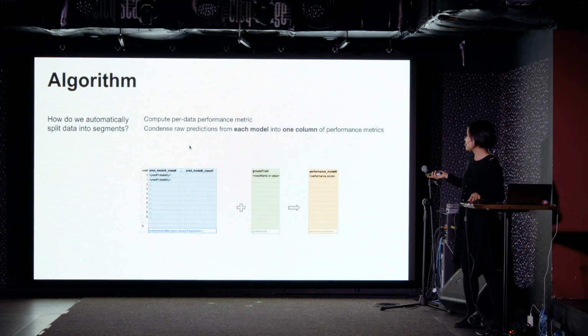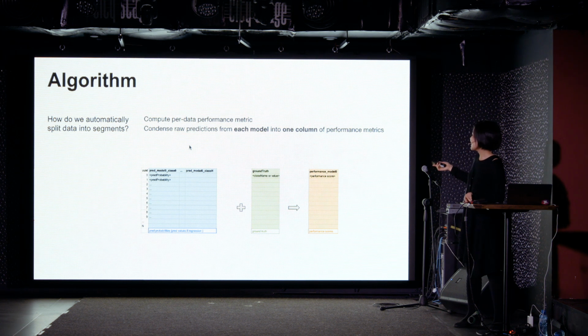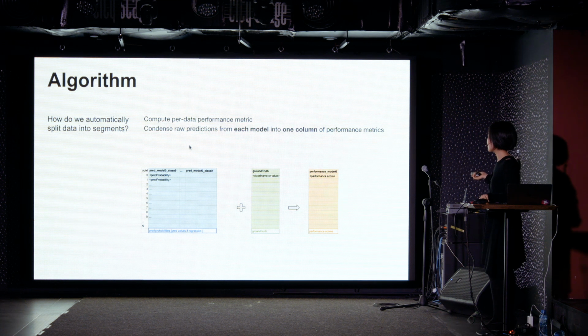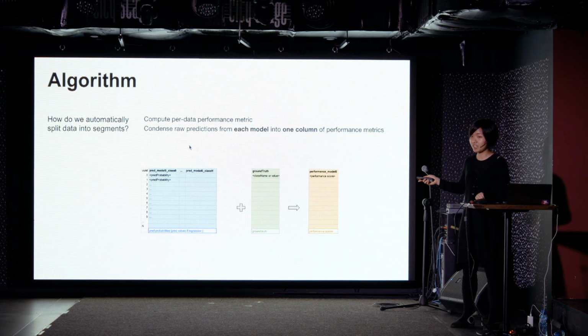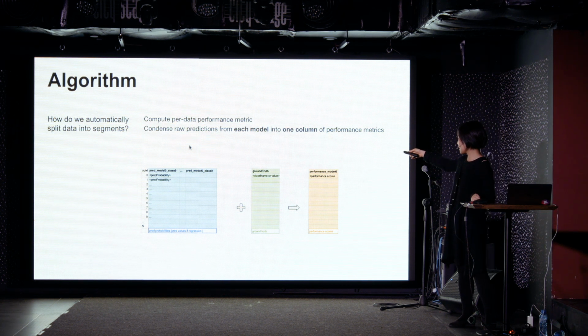And how do we actually split this data into segments? We compare the per data point model performance metric. This blue data set is a prediction output from one model, and we compute the prediction score of each individual data point based on the distance between that prediction and the ground truth.